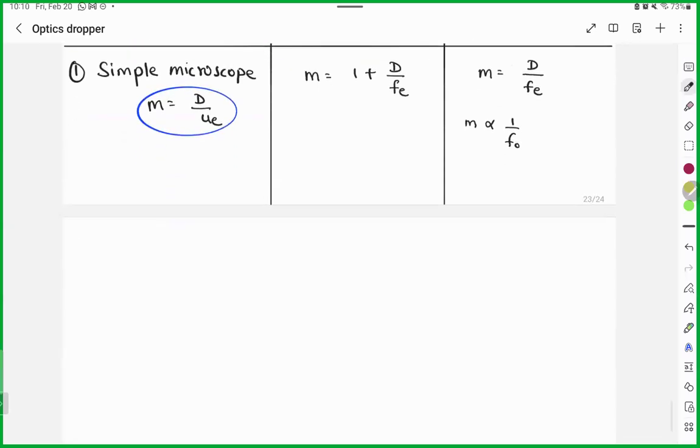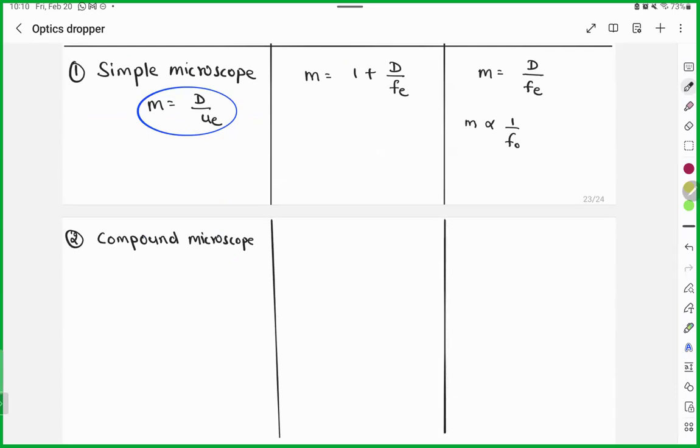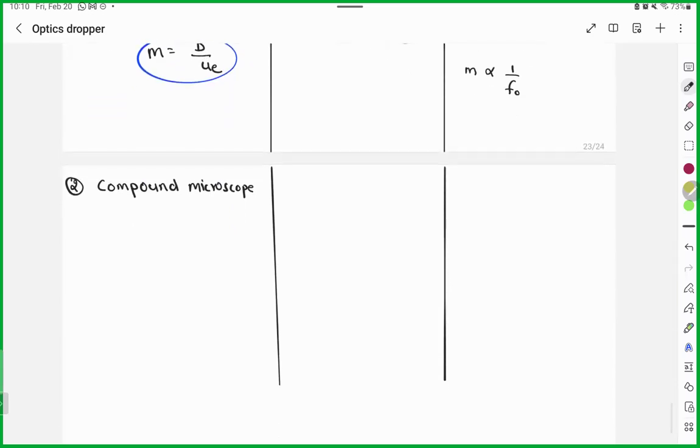First, the microscope is done. Second, you have the compound microscope. In case of the compound microscope, you calculated different situations. Magnification was equal to the magnification of the objective lens times the magnification of the eyepiece.